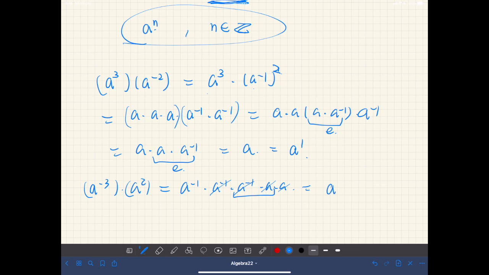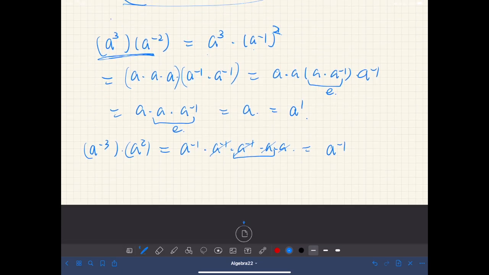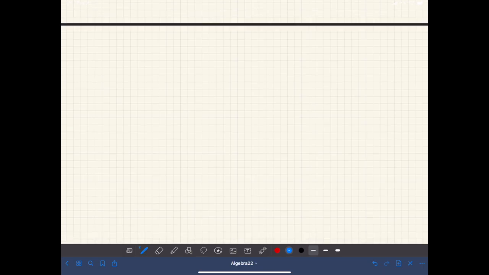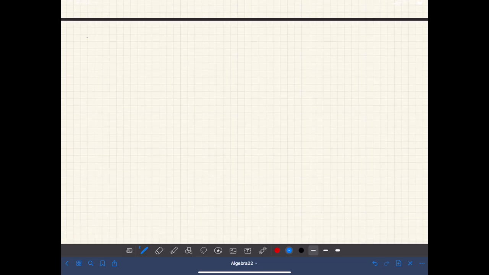The result is a inverse. So as you can see, a can be any element of any group, but they behave much like any numbers, right? So this is like exponential arithmetic. In fact, in general, we have this index law for groups.